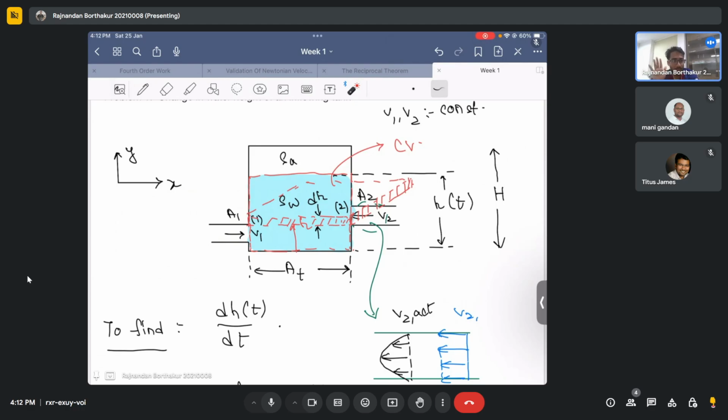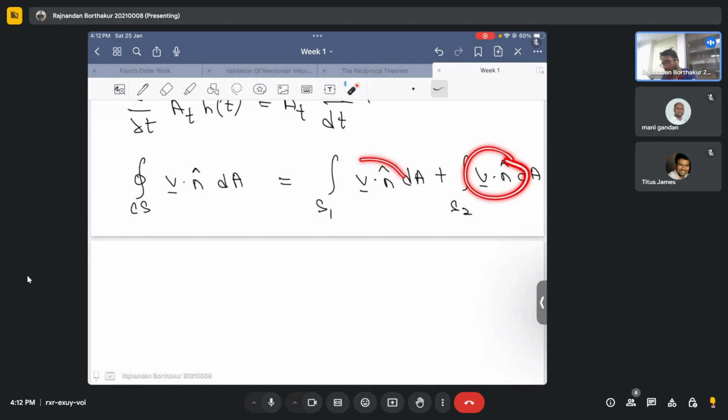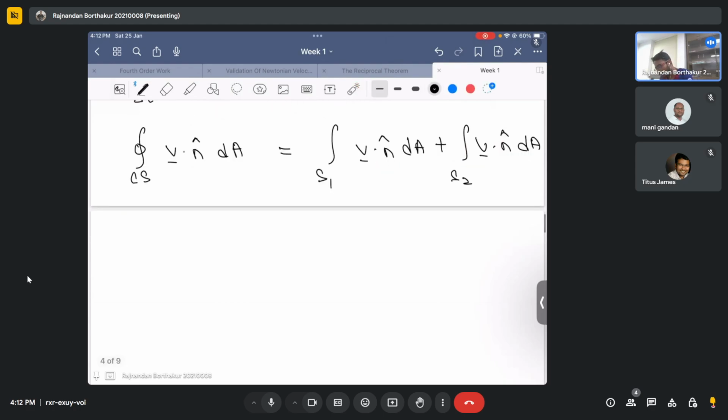But luckily for this question, since I have a constant velocity profile, I can take this v dot n hat outside the integral, which means this simplifies to v dot n hat written for surface 1, because your velocity is constant, times the integral over s1 dA, plus v dot n hat written for surface 2 times the integral over s2 dA.